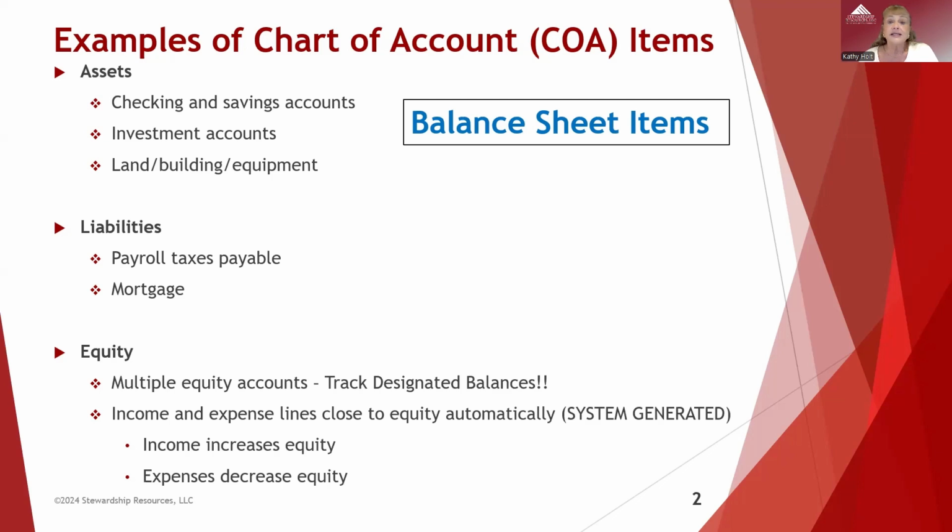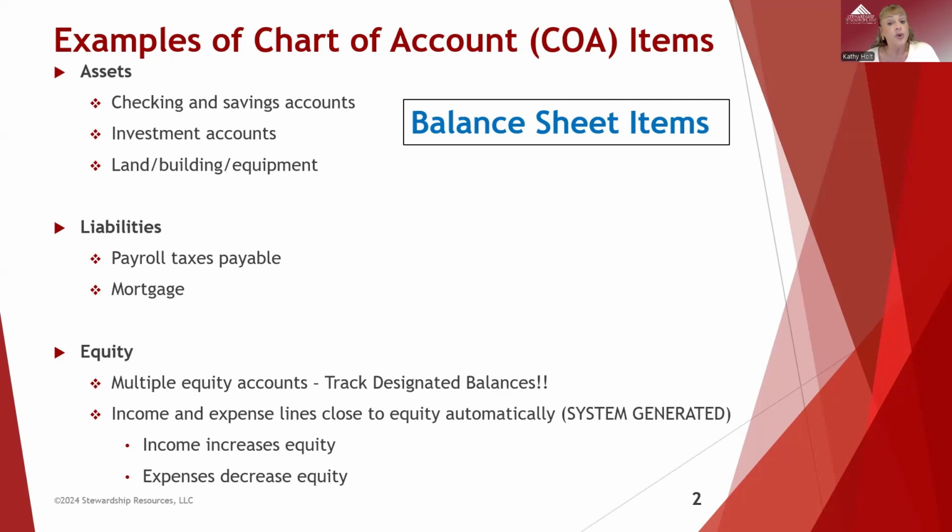There's the equity group of accounts. Now, this section is really exciting for churches because you get to set up multiple equity accounts. And this means that you're able to track the balances of your restricted and your designated funds.